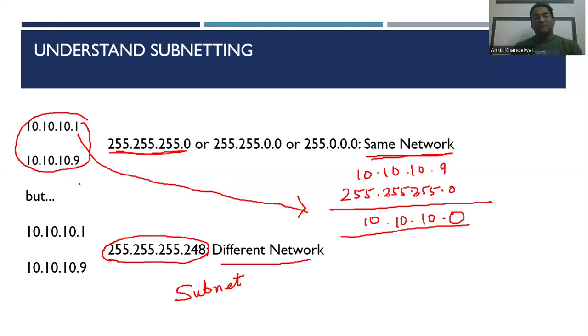But when I use the concept of subnetting, the subnet mask changes to 255.255.255.248. Then these two IP addresses are divided. Now they do not belong to the same network, they belong to different networks. This is how we do subnetting. Don't worry about how this particular subnet mask comes out. We will see that with the particular algorithm and by using an example there.